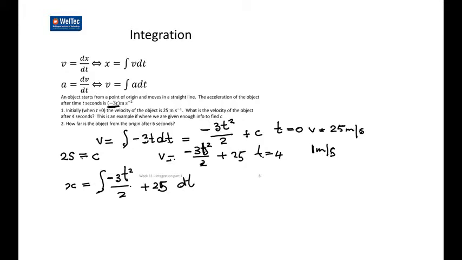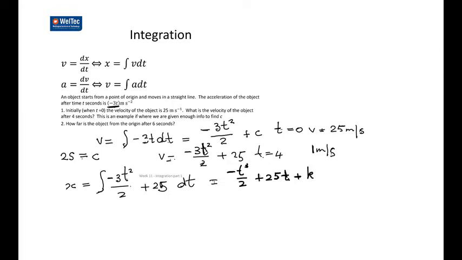So the integral is negative t cubed over 2 plus 25t, plus c, or plus k, it doesn't matter, some other constant.